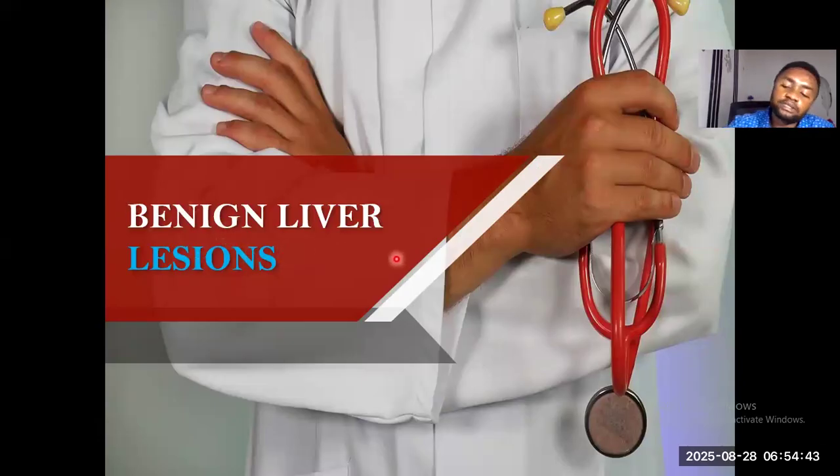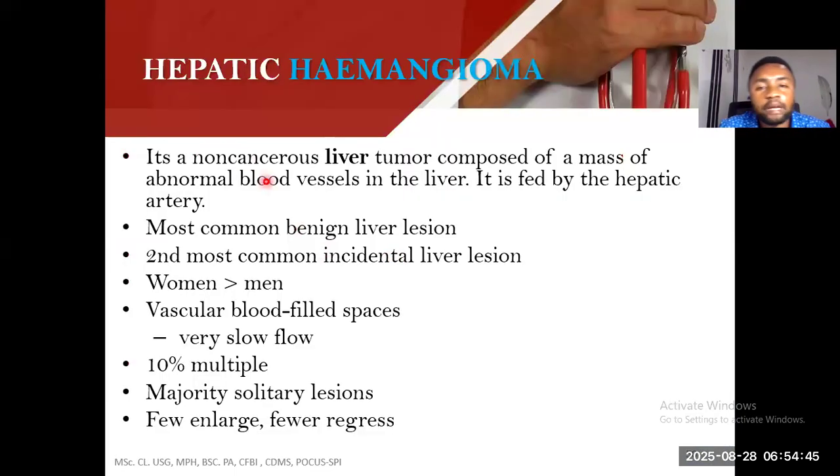So benign liver lesions, hepatic hemangioma. It's non-cancerous. Once we hear hemangioma, hem is blood, angi is blood vessel, oma is a tumor. Do you understand?